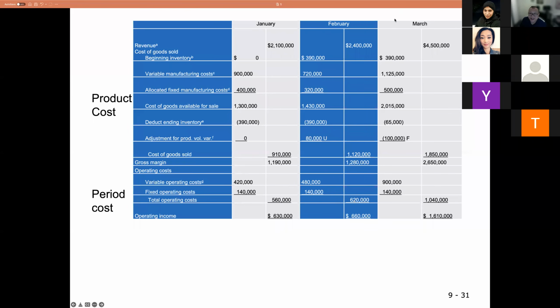Because it's a cost. If it's unfavorable, that means it costs you more. If it costs you less, you should be happy. If it's unfavorable, you don't like it, so it costs you more. If it's favorable, it costs you less, so therefore you reduce it, you minus it.